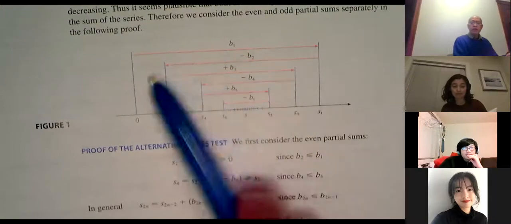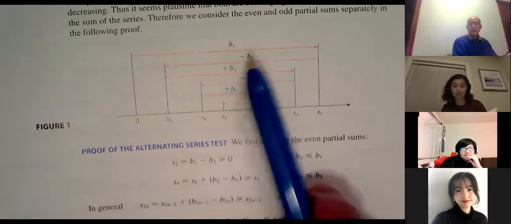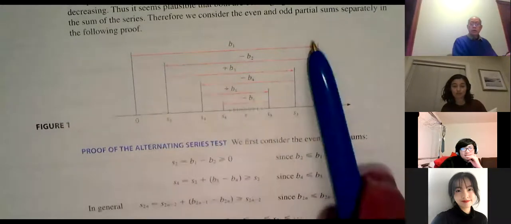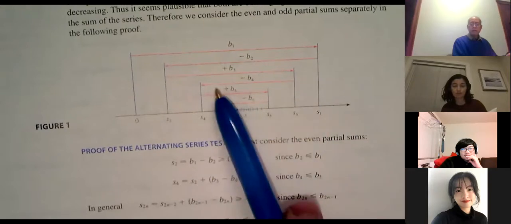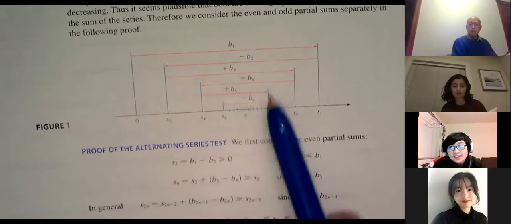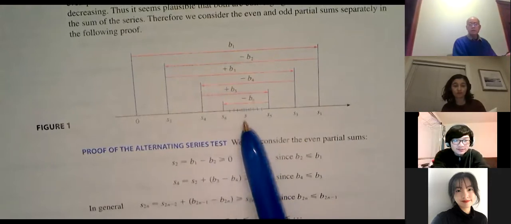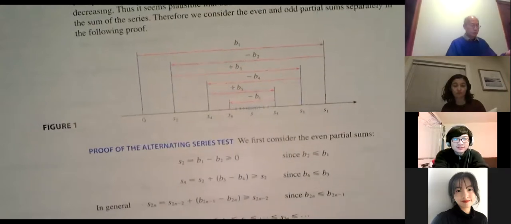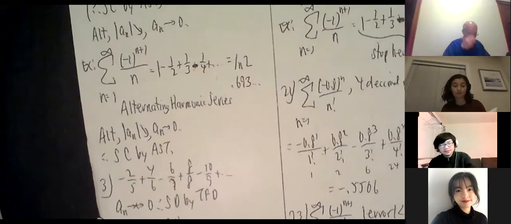So when I switch back and forth, the amount that you're going back is less and less, right? So you go that way, then you go back, but not as far. Then you go this way, not as far, right? That's what it means to be decreasing in absolute value. And the terms approach 0. So after a while, it really comes in. So it converges to a certain number that we call the limit S. Okay, so it does seem reasonable that that's the case.